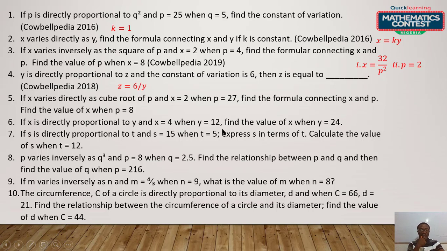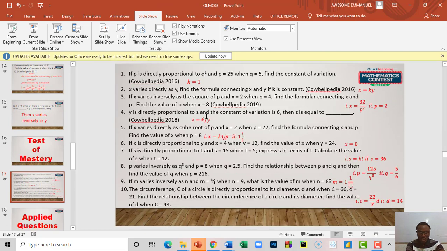Now solve number 5. X varies directly as the cube root of p and x is 2 when p is 27. Find the formula connecting x and p. While you keep solving, let me correct this: y is equal to this. You can just continue solving.